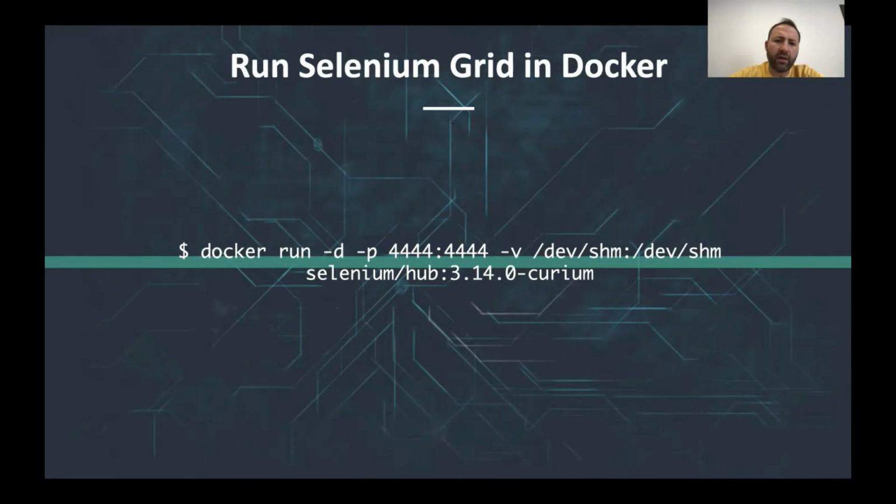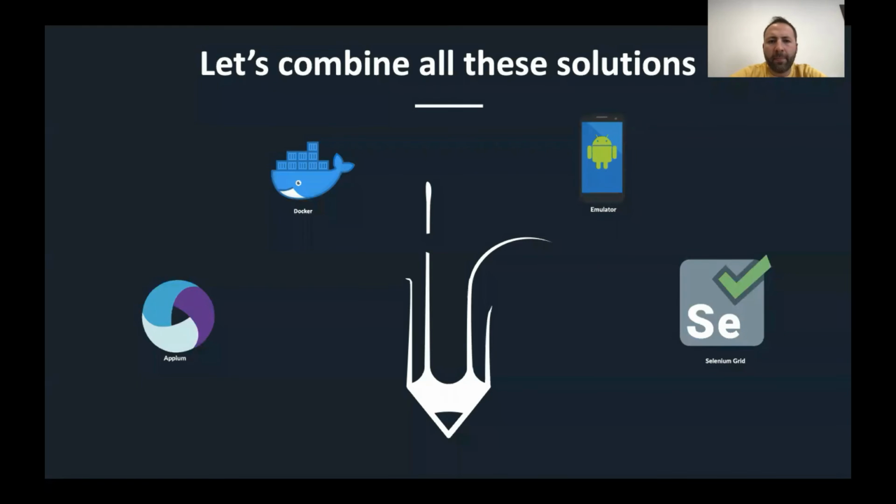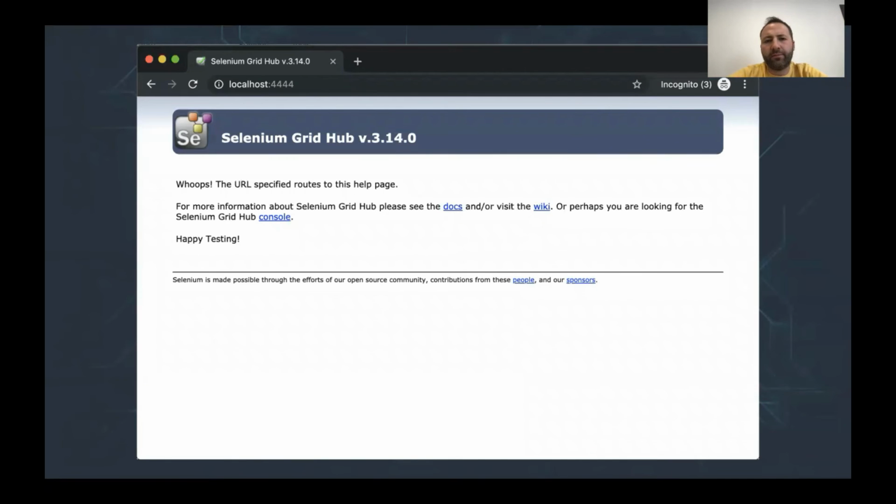This is the Docker command which runs the Selenium Hub. When you run this command, you will have the Selenium grid running in a Docker container. When you open it, of course, you will see this screen, and then you can connect all these nodes to the grid.